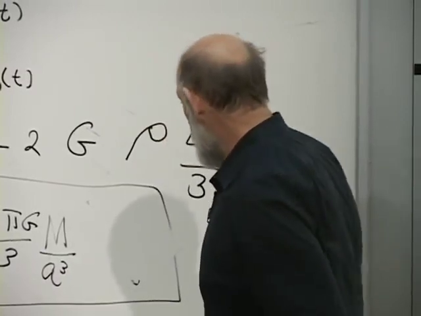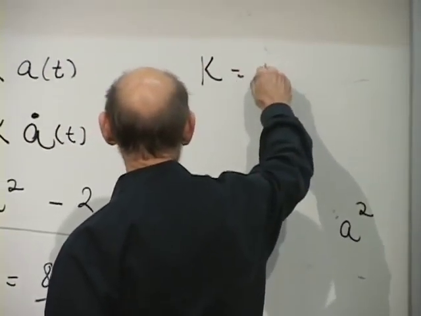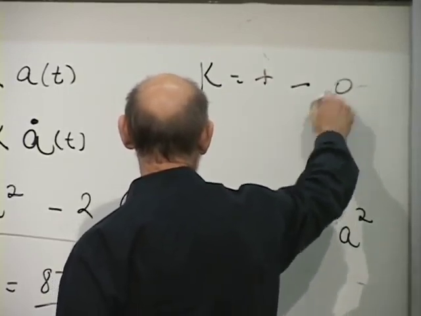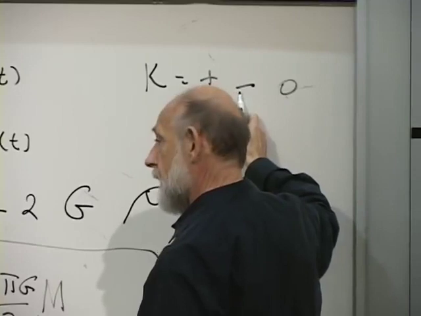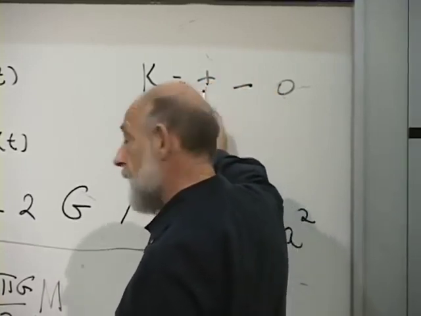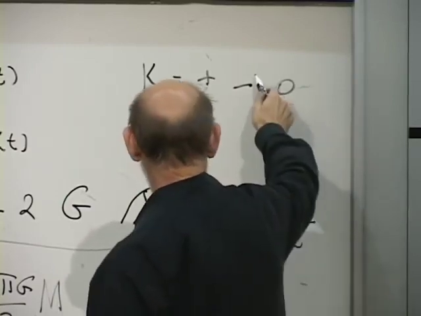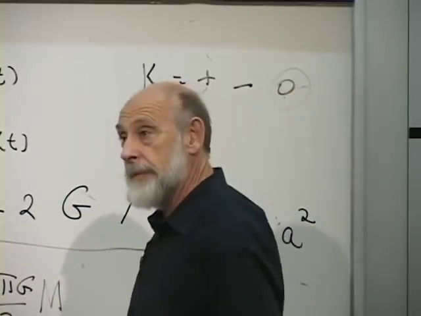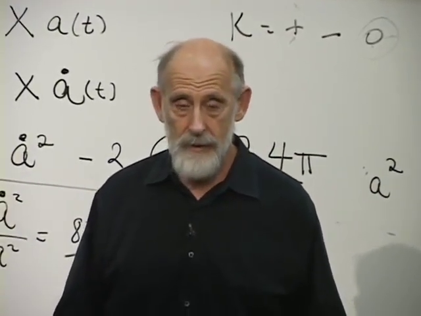The three possibilities, k equals positive, negative, or 0, correspond to flat space, k equals negative is negative curved space, and k equals positive is positive curved space. So that does depend on the universe being flat.